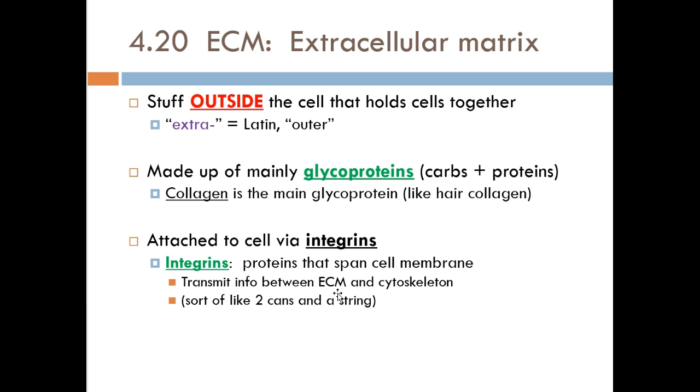And then there's another thing in the extracellular matrix called integrins. These are proteins that span the membrane, so they go from inside the cell to outside the cell. They can transmit even between one cytoskeleton and the next and hold them together, kind of like two cans on a string, and they have an interaction with the outside of the cell and the inside of the cell.